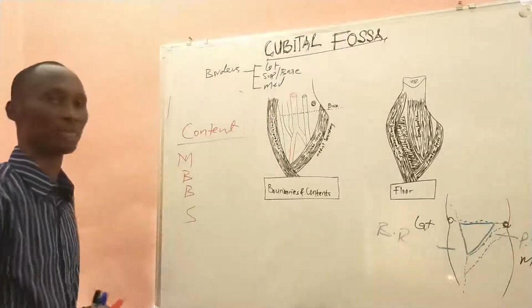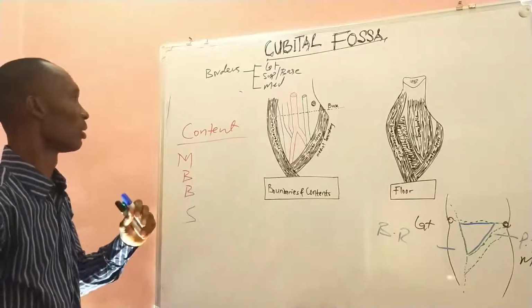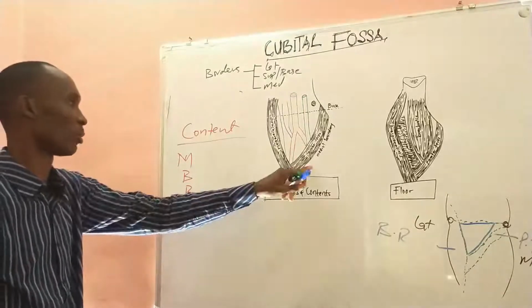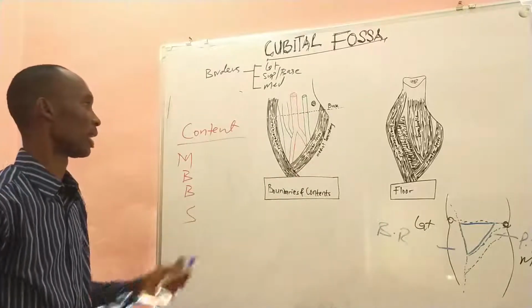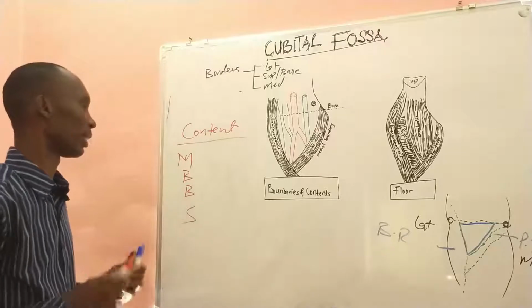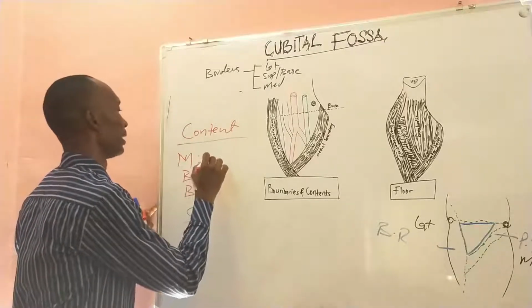This is a mnemonic for the structures of this fossa running from the medial to the lateral side. The diagram we already have here has given us some of these structures. From medial to lateral, the first M is the median nerve.